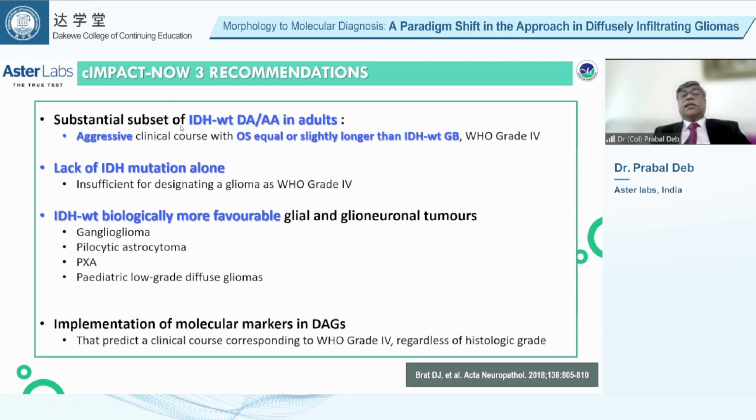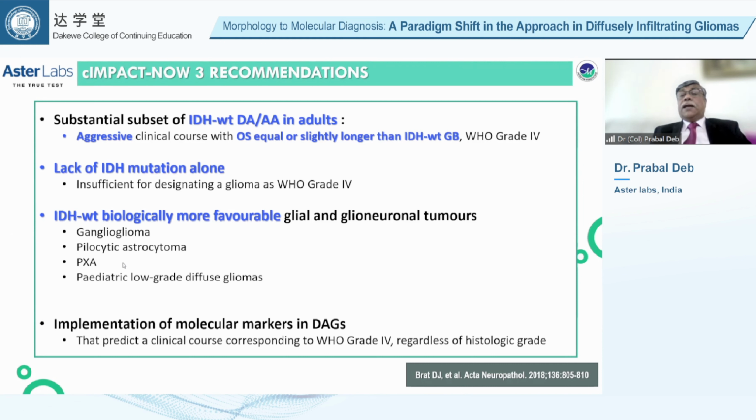Next, there's a substantial subset of IDH wild type, grade 2 and grade 3 gliomas in adults, which, because of their wild type molecular nature, was associated with an aggressive course very similar to that of IDH wild type glioblastoma. Next, lack of IDH mutation alone was insufficient for designating a glioma as WHO grade 4.